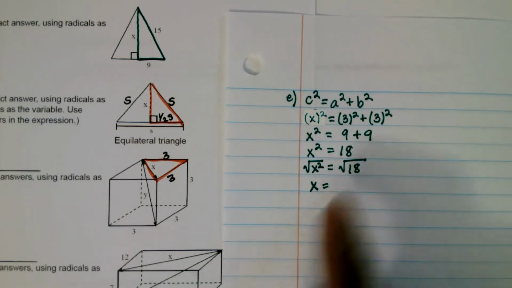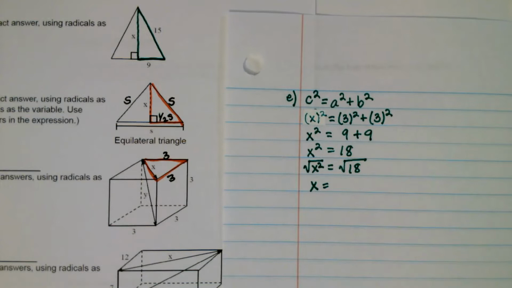Now, you're going to have to think about this for a moment because we need the largest perfect square that would go into 18. If you remember that table of powers, let me go ahead and pull this up.